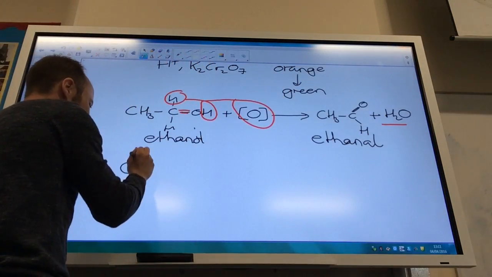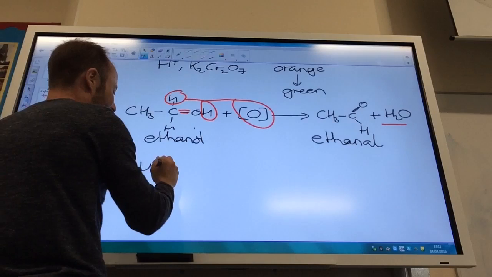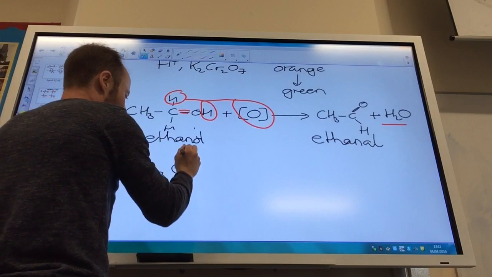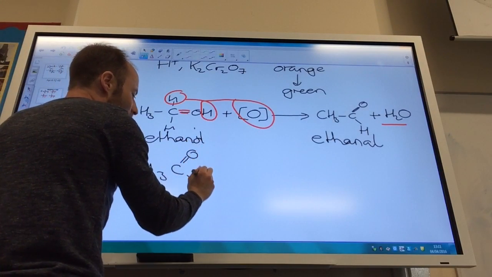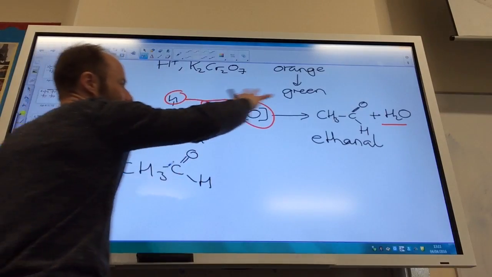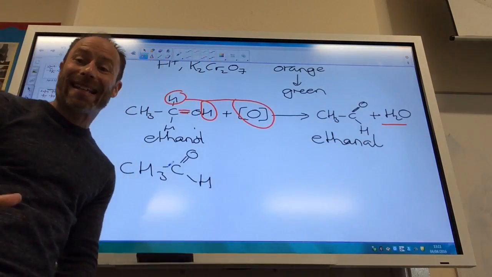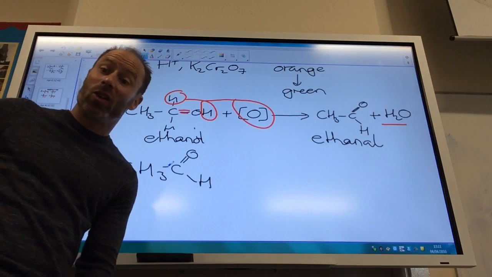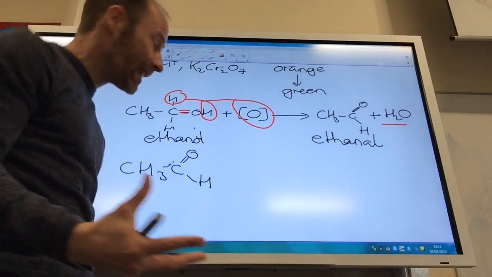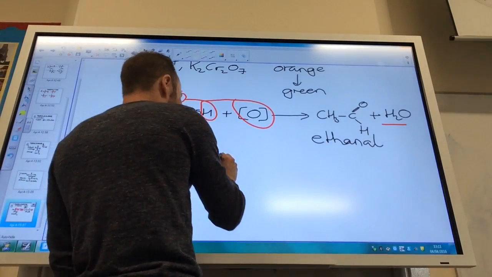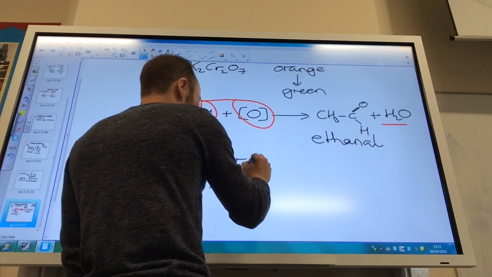If you take your ethanol and rather than just heating, rather than doing this reaction with heat, you put an excess of oxidizing agent in and you reflux, so you really heat it up, it will actually continue to oxidize.